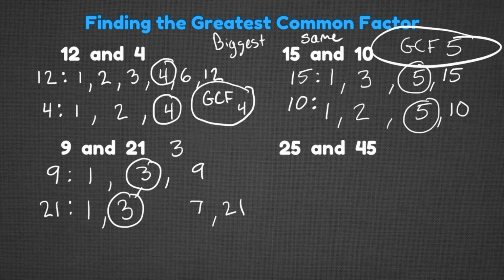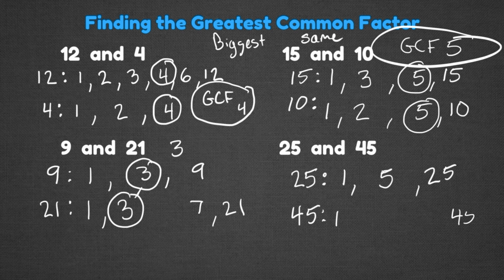And last but not least, 25 and 45. 25 is a big number, but doesn't have as many factors as you would think. 1 and 25 and 5. 45 has a few more. 1, 45, not 2, but 3 and 15 is a factor. 4 is not a factor, but 5 and 9 are factors.